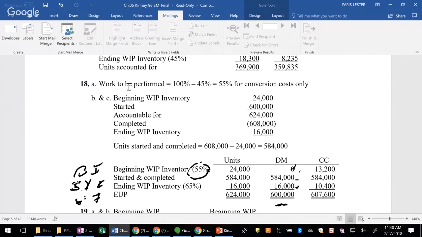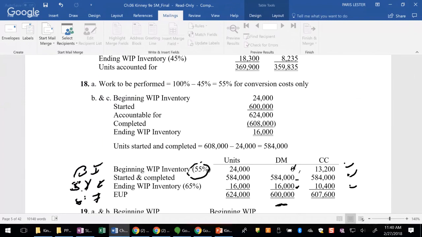That's why I want you to be careful and subtract and get this 55%, and that will give you CC beginning. That gives you ending, started and finished and ending. So this is simply just FIFO. We'll get through equivalent units. We had 20, I guess, 23, 26, and 28.